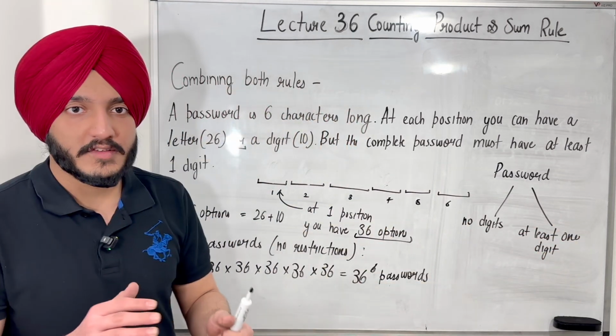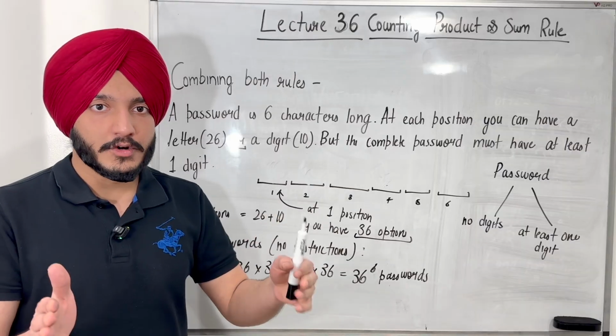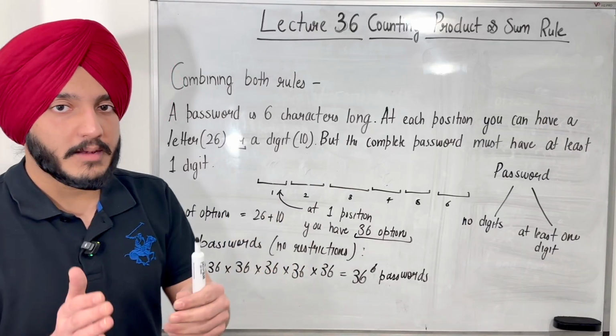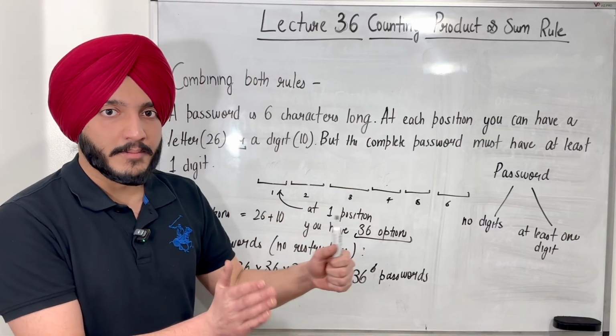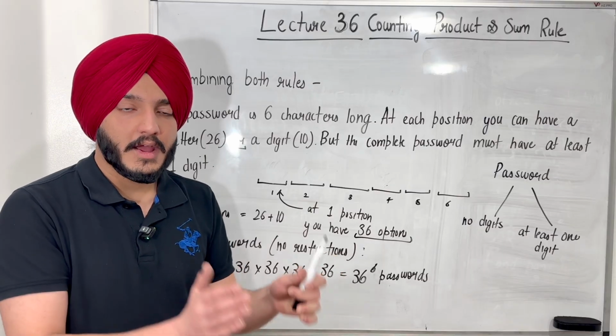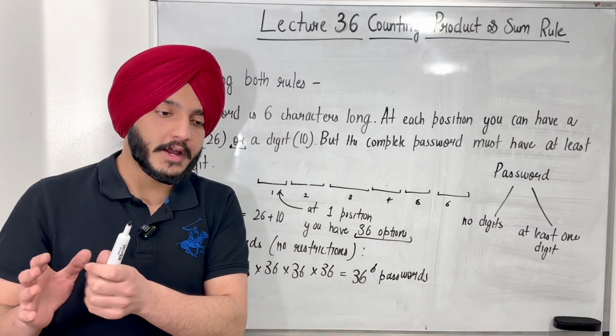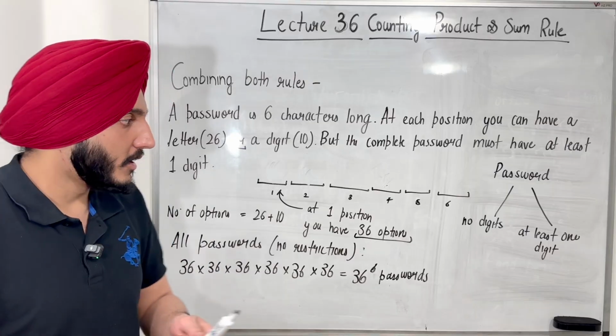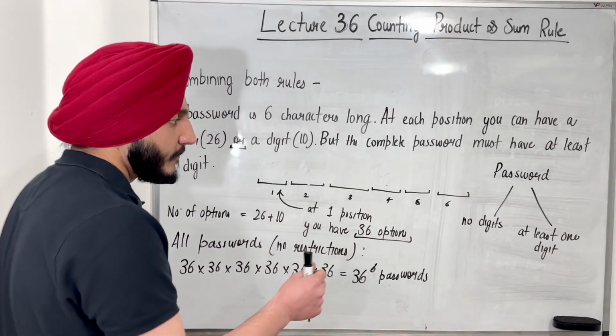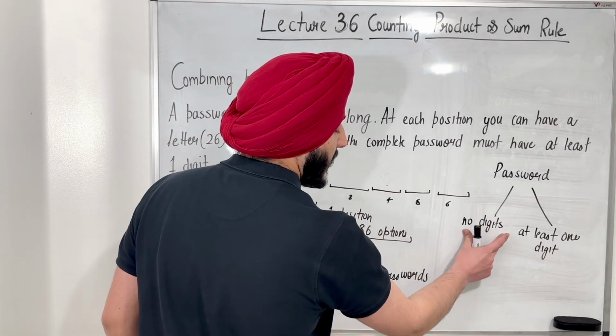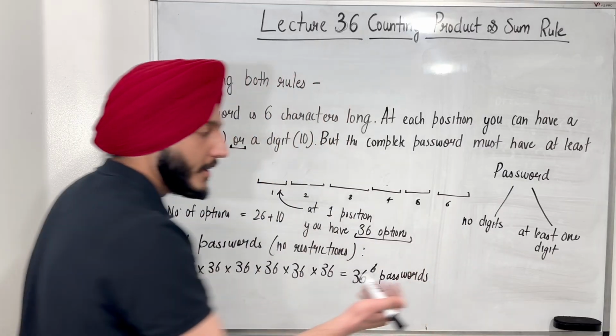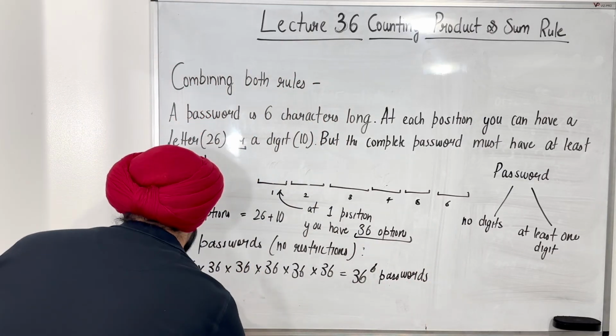Because think about this once again, right? The total number of passwords with no restrictions can be divided into two parts. One is the passwords that have no digit at all, and the other part would be the passwords that have at least one digit, right? So all I have to do is, it is easier for me to find the passwords that have no digits. And how do I do it? Think about this.